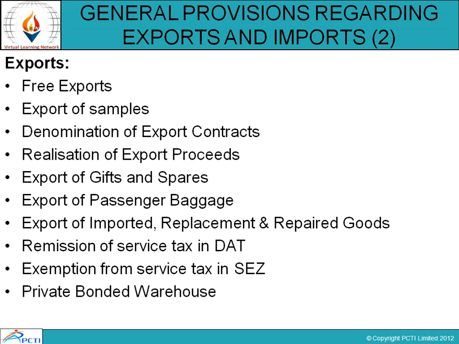Another is the export of gifts and spares. Gifts, which include edible items, of value not exceeding rupees 5 lakh in a licensing year may be exported as a gift. Items mentioned as restricted from export shall not be exported as a gift without a license, so a certificate or permission is required in that case.